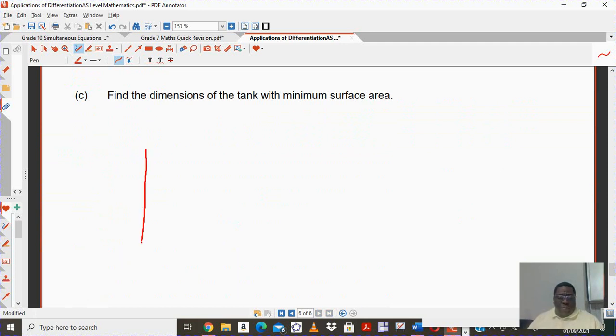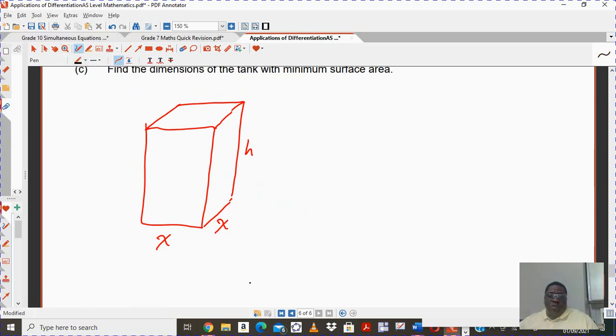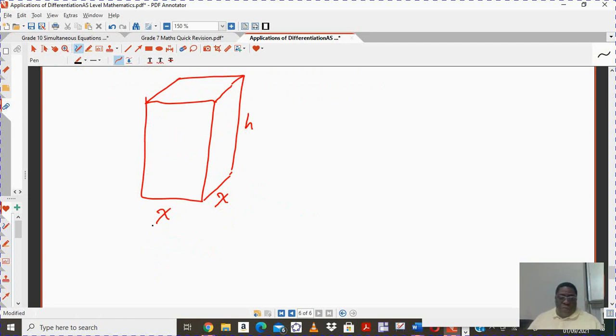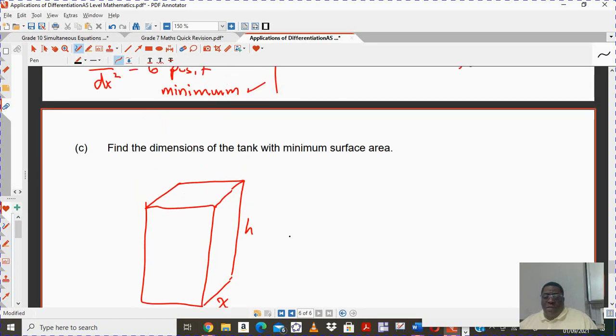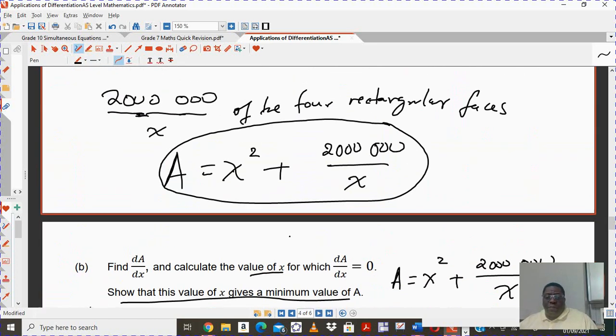So our tank, as it was, so this was x, that was x, and our height. Now, it's very easy and straightforward for us to determine the value of x, since we know x is equal to 100. But the height was given to us, and this is where we need to go back all the way to our diagram.